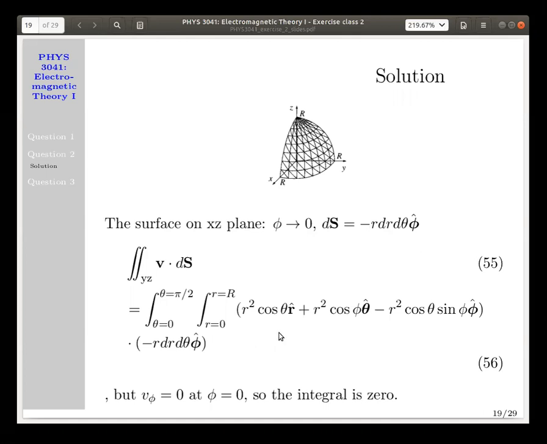And then we do the dot product between the vector field and the dS, and here only the phi component of the vector field contributes. So we have r squared cosine theta sine phi. But here the phi component is 0 when phi is equal to 0, because sine 0 is 0. So the integrand is 0, and therefore the whole integral is 0.